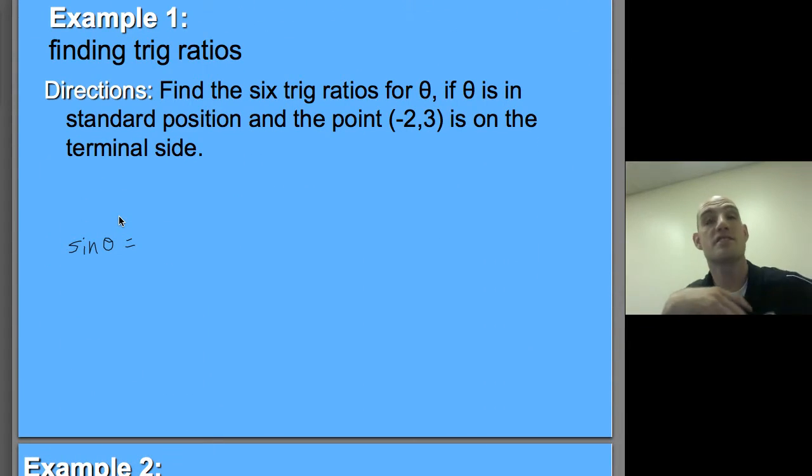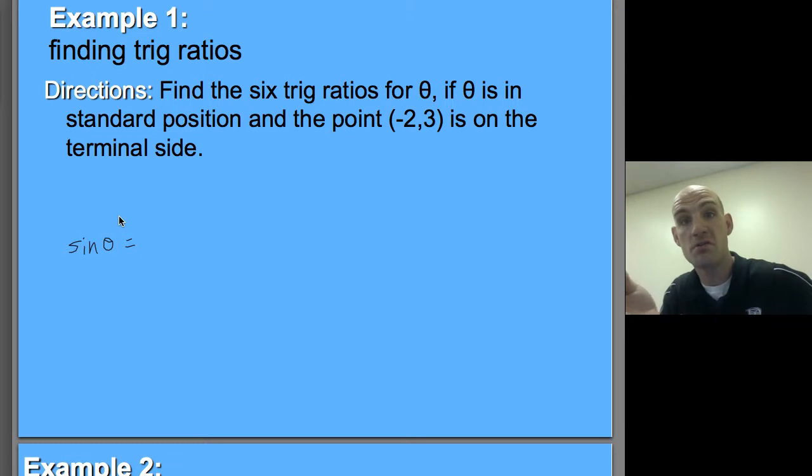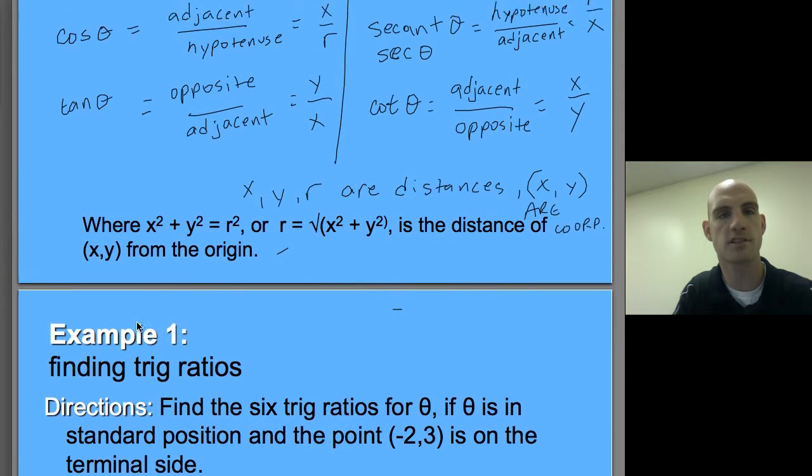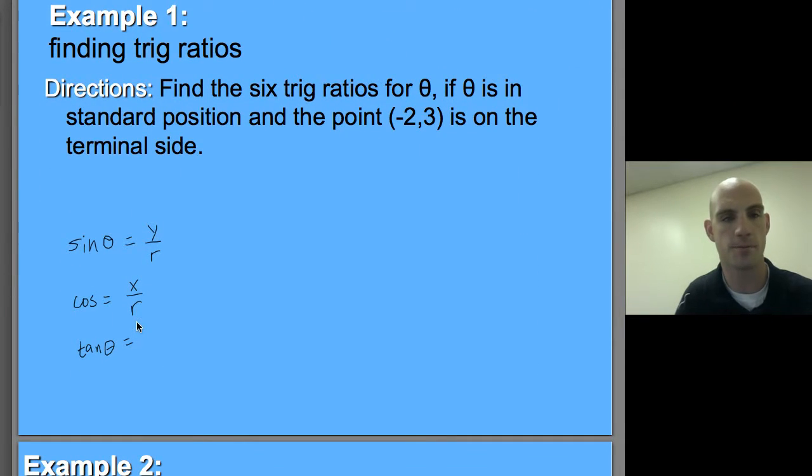I remember it as SEER, like Syracuse, S-Y-R. So sine, which is the S, is y over r. And that means that cosine is equal to x over r. And the tangent of theta, if you can't remember it, is y over x. You can look back up there.